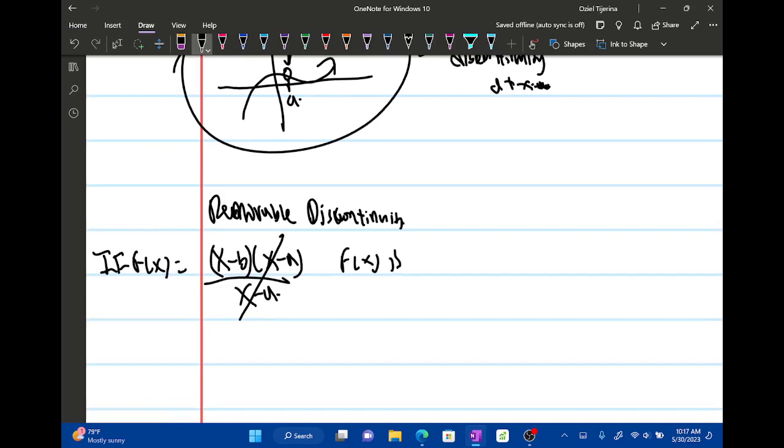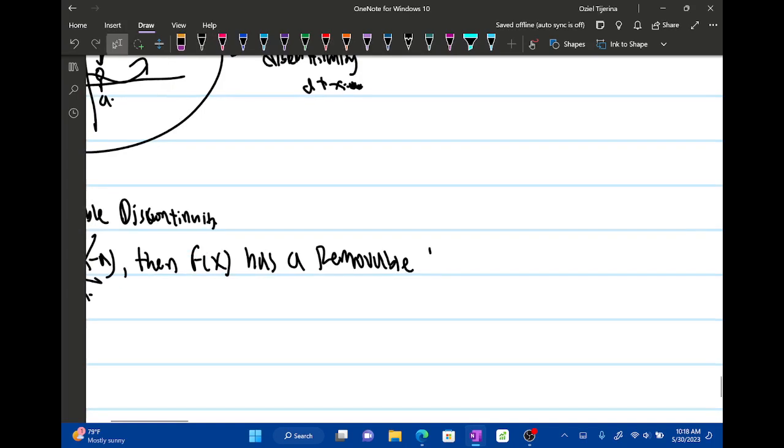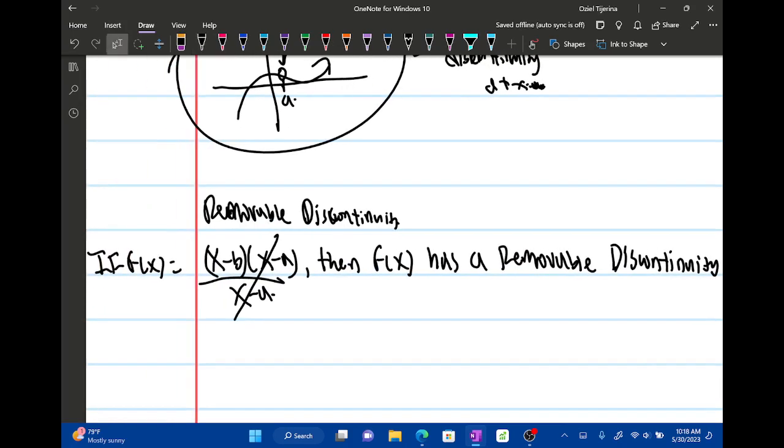If f of x equals x minus b times x minus a all over x minus a, then f of x has a removable discontinuity at x equals a. That is the idea of removable.